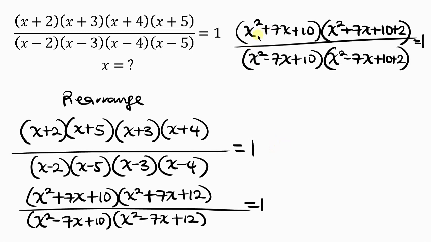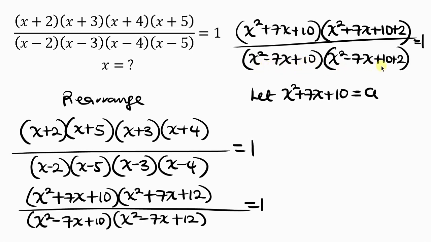Now notice that we have x squared plus 7x plus 10 here. We also have x squared plus 7x plus 10 here. So we can just say let x squared plus 7x plus 10 be equal to a. Now let's check the denominator. We have x squared minus 7x plus 10 inside of this bracket.